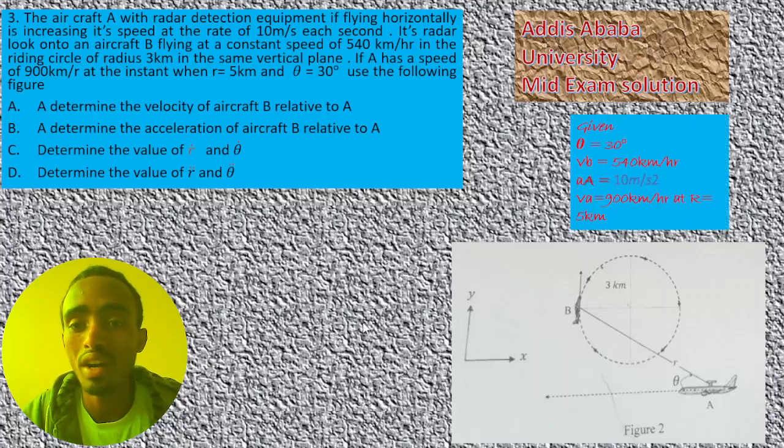First, we are given the angle theta equals 13 degrees, the velocity of B is 500 km per hour, the acceleration of A is 10 meters per second squared, and the velocity of A is 900 km per hour at R equals 5 km. To solve this problem, we use the formula for relative velocity.